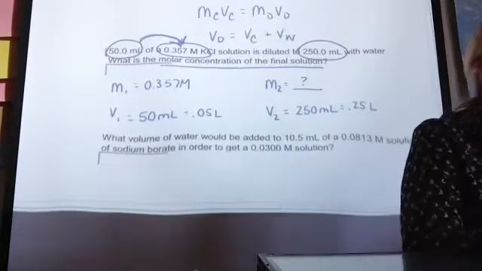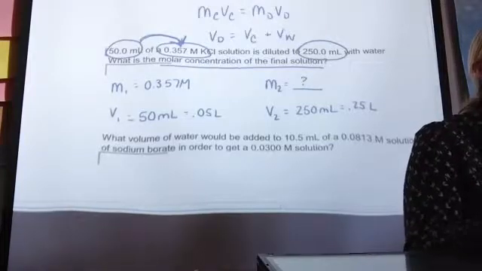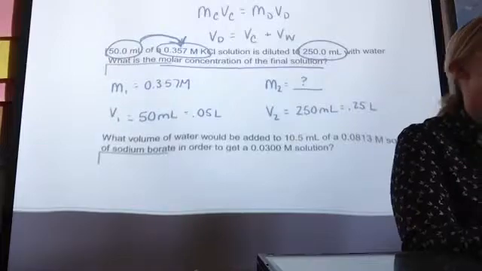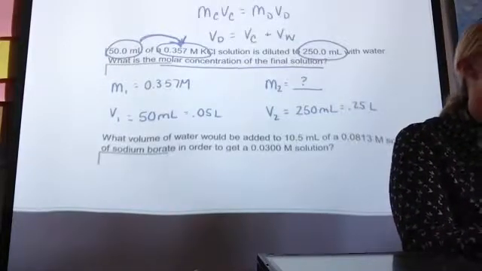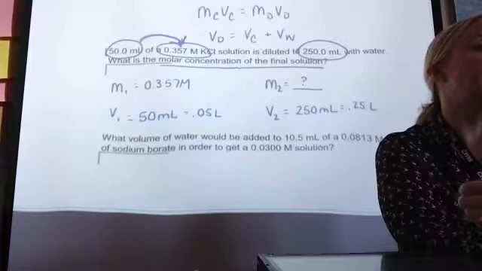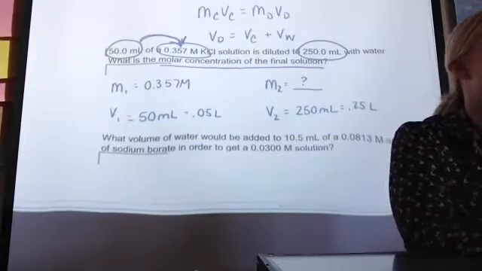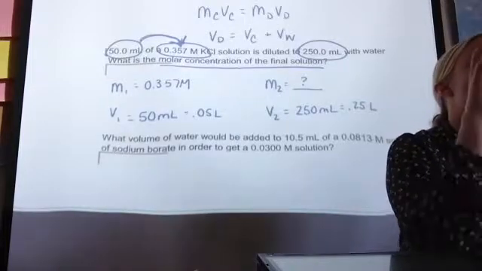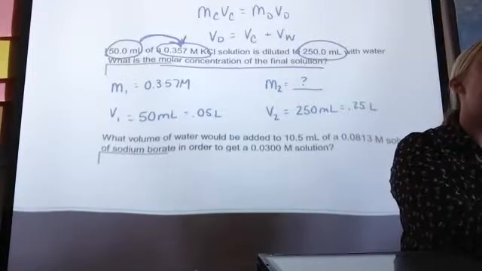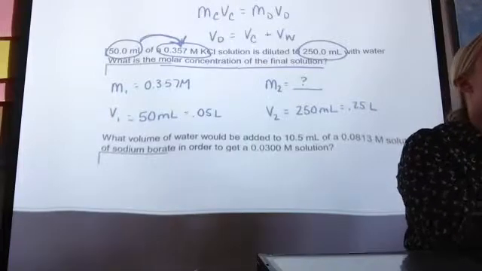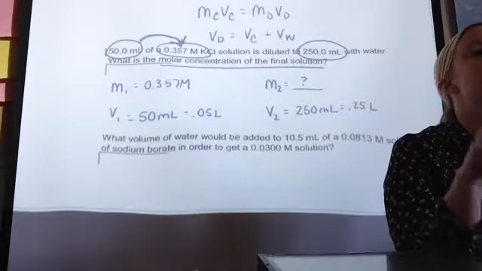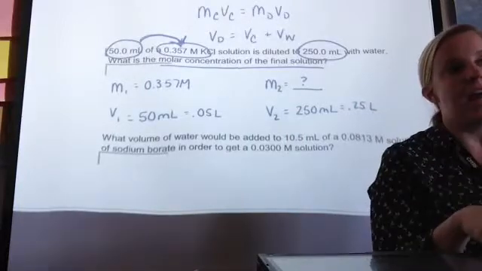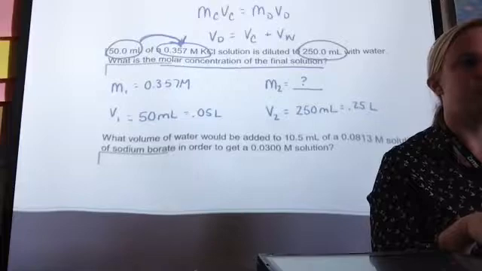On your reference tables, the formula M1V1 equals M2V2 is on your reference tables. And the reason that they use 1 and 2 instead of concentrated and diluted like we do, or acid and base like we do in titration, is because it's the same equation for both situations. But the important part is that you realize which volume goes with which molarity and keep them on the same side of the equation.